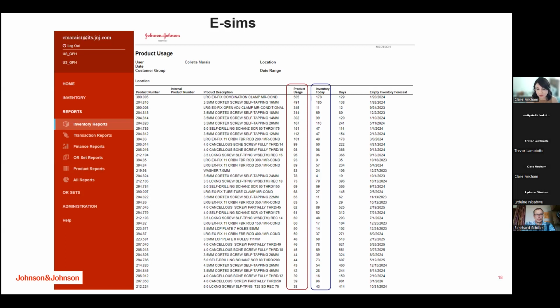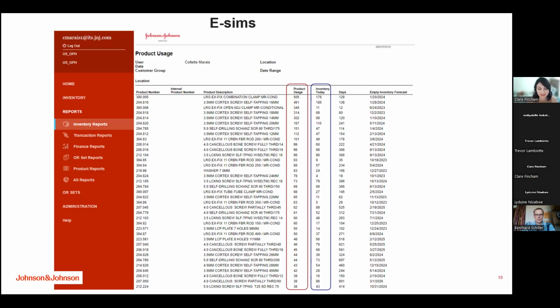So if you just open a hospital page, say for instance, Hospital A will open, and then you can see the product usage. You can actually choose what product usage you want to see from what date to what date, and it will always give you the inventory today. So the inventory on hand, or the inventory today, is very important, because that is obviously the inventory that is left in the cabinet in the hospital.